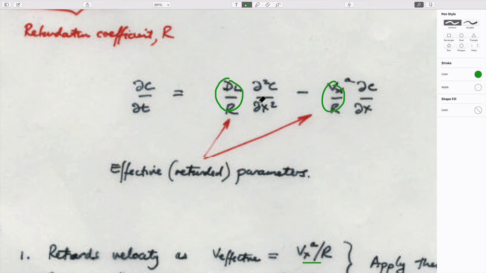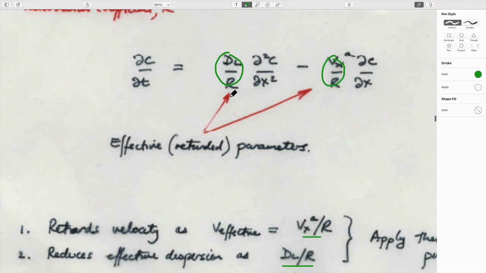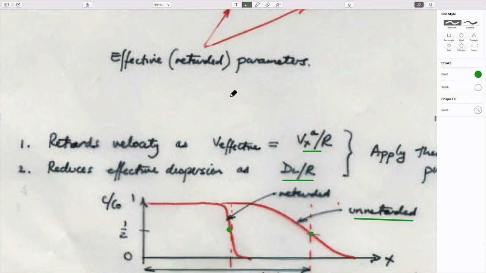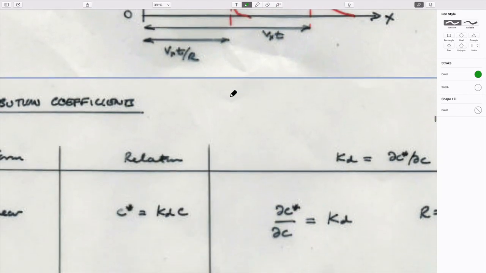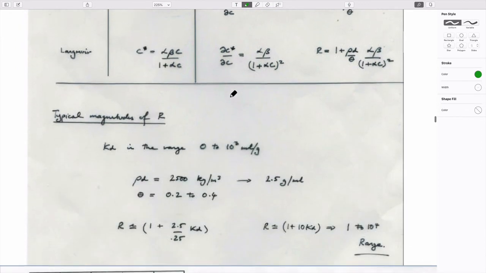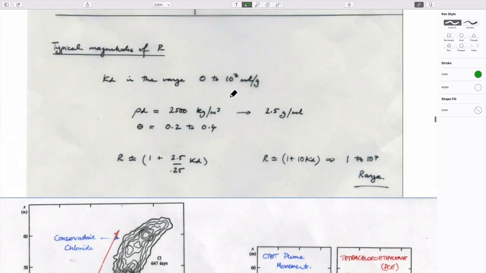R is a number, dimensionless. It's either 1 or bigger than 1. So if it's 2, then it's just reduced the dispersion by a factor of 2. All right, so we could talk about all this. We don't need to. I don't think that's necessary.